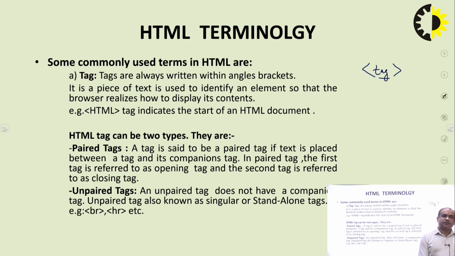Next, HTML tags can be of two types, paired tag and unpaired tag. A tag is said to be a paired tag if text is placed between a tag and its companion tag. In a paired tag, the first tag is referred to as the opening tag and the second tag is referred to as the closing tag.